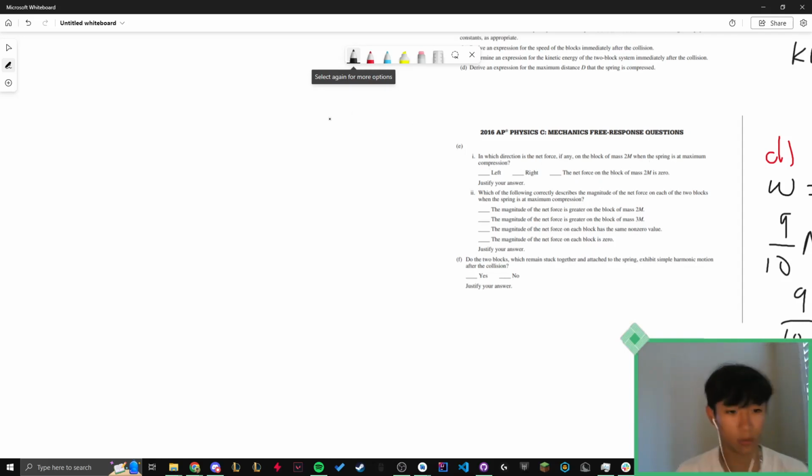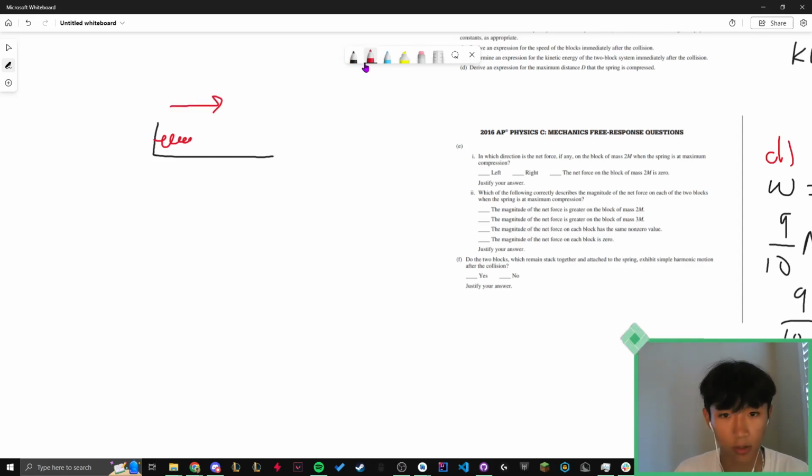Okay, so the spring force is always trying to go back to wherever equilibrium is. So equilibrium is right here, and the block is right here. So it's going to go back to this point. The block is going to try to move to that point.